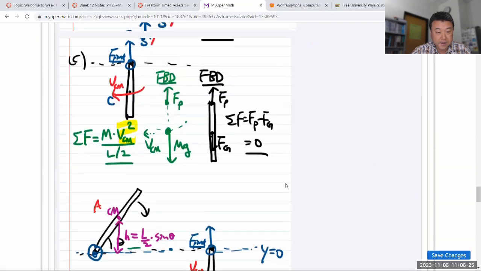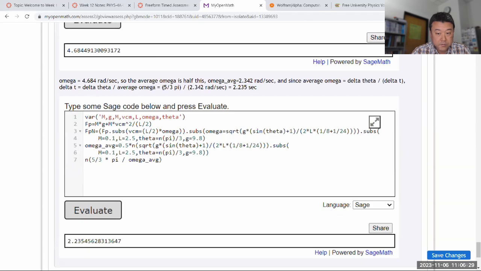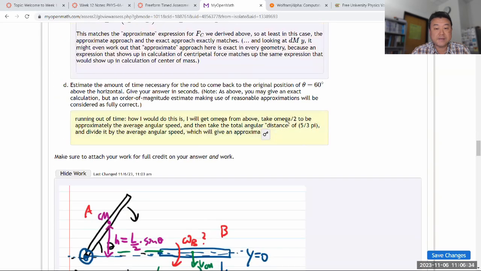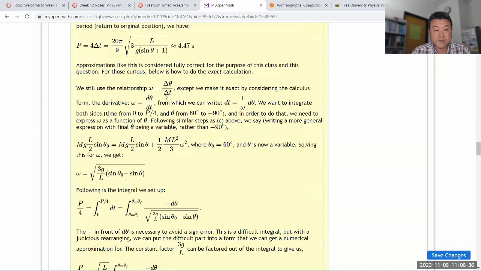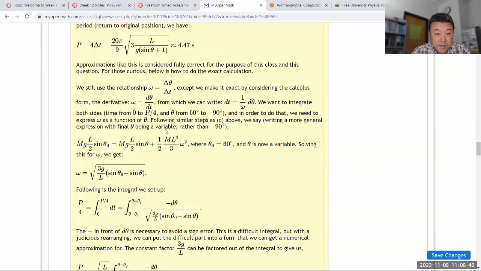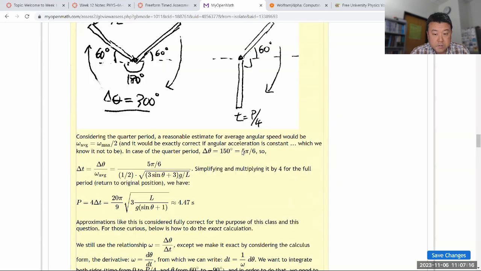And here I worked out the duration of time of 2.235 seconds. The approximate time, where is it? Did I miscalculate? Oh, I missed because I worked it out for where it gets here.